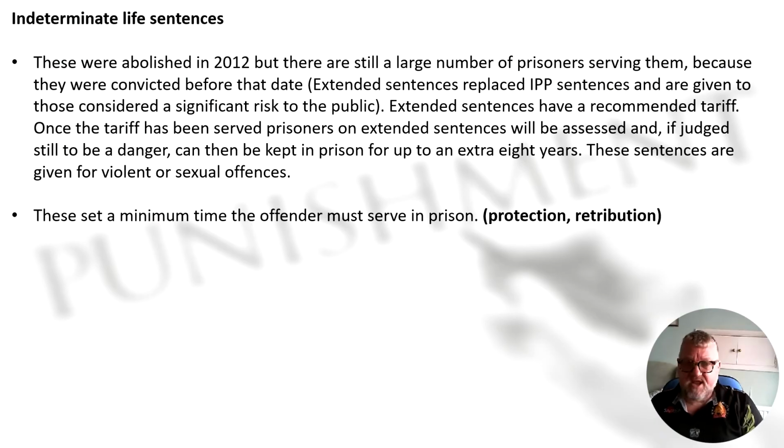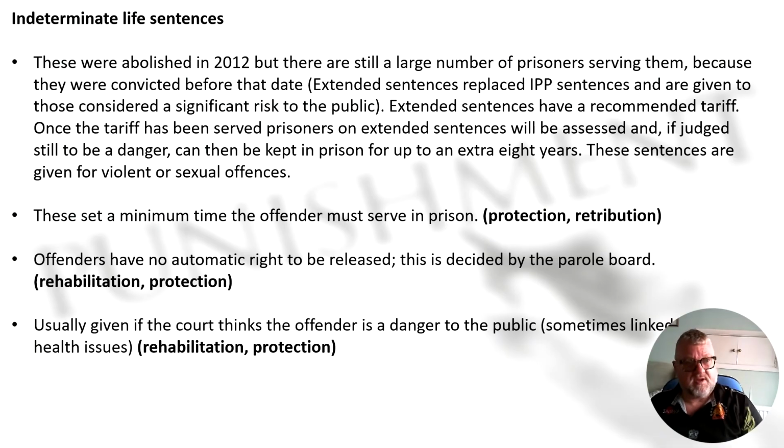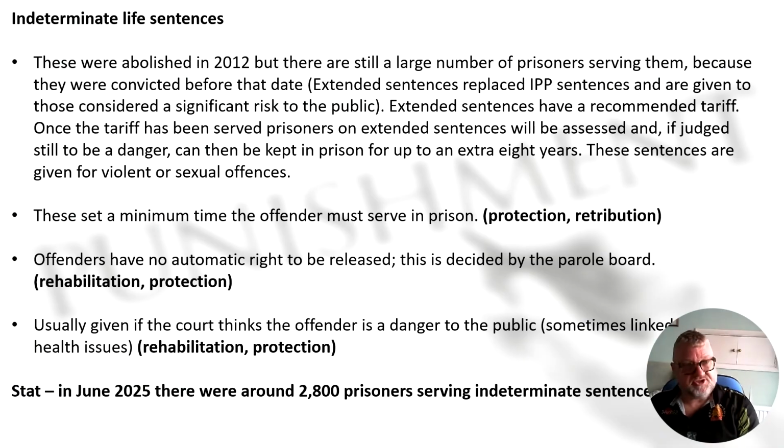So these set a minimum time the offender must serve in prison, so we've got protection, we've got retribution. Offenders have no automatic right to be released, it's decided by parole board, so there's rehabilitation and protection there. Usually given if the court thinks the offender's a danger to the public, sometimes linked to mental health issues, so again it's rehabilitation and protection.